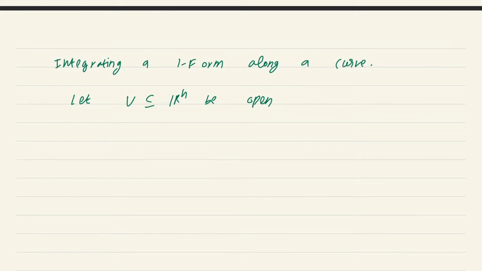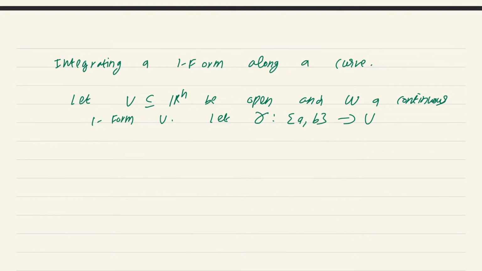Integrating a one form along a curve. So the definition is as follows. Let U subset of Rn be open and omega a continuous one form on U. Let gamma from [a,b] to U be a C1 smooth curve.